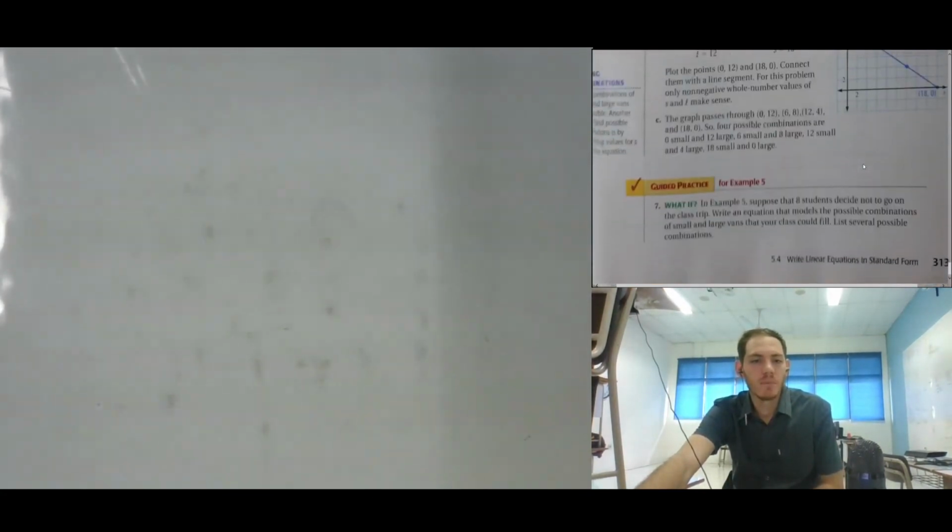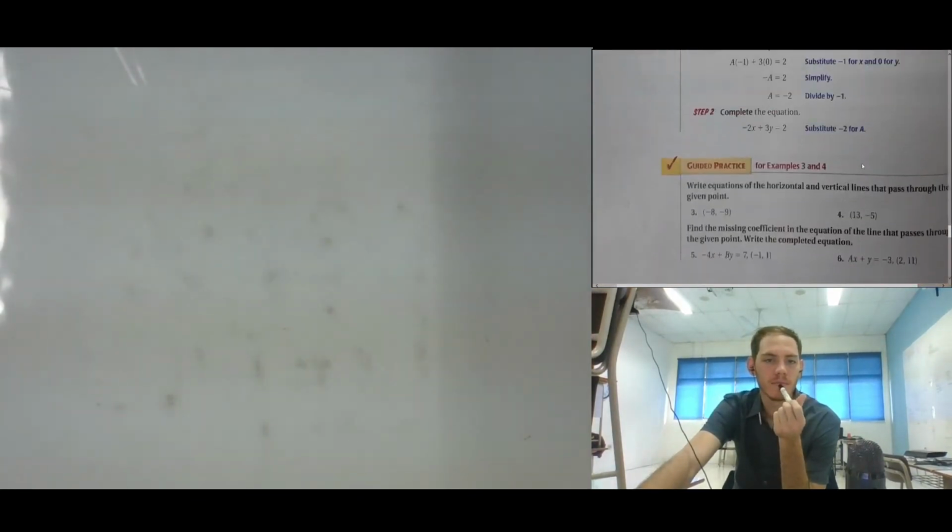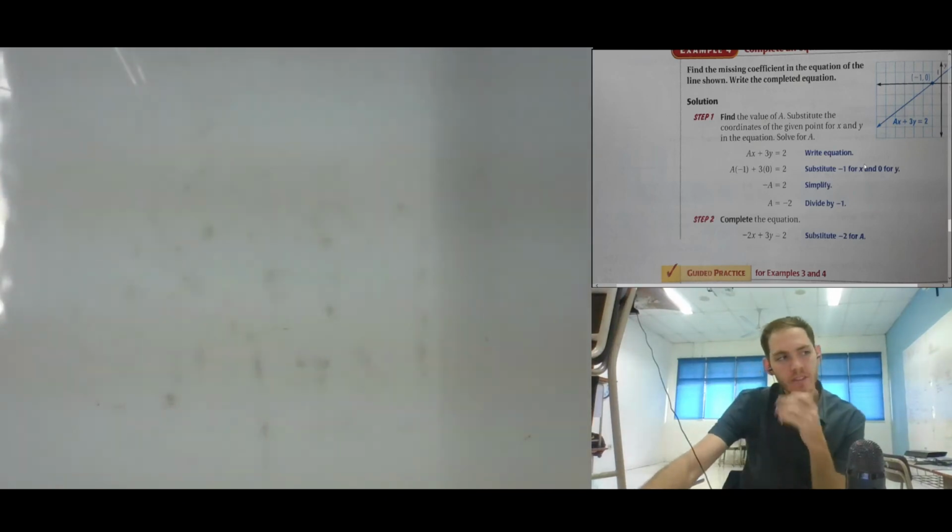Finding the missing coefficient, let's see how important this is for today. You know what? I think we can skip that. We do not need it for today. We may cover this next class period, but bear in mind it isn't crucial.